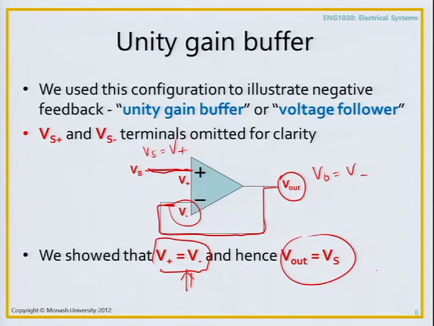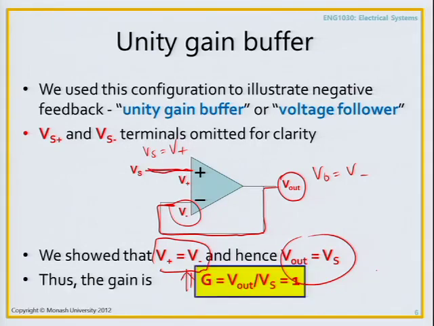Knowing these two simple calculations, we can work out the factor G, which is the gain for this op amp circuit. So in here, if you've got V out equals Vs, then the gain, which is the ratio between the output V out and the input Vs, is just equal to 1.